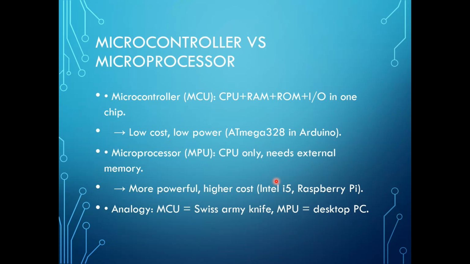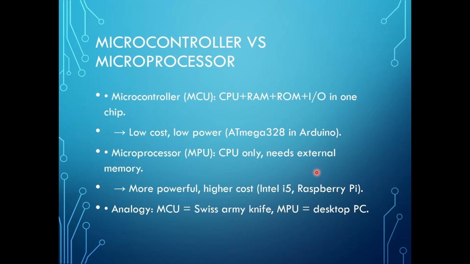So what is the difference between a microcontroller and a microprocessor? A microcontroller is all in one chip that has CPU, RAM, ROM, and input output on a single chip. It is also low cost and low power. For example, the ATmega328 in Arduino is a microcontroller. What is a microprocessor? Microprocessors only have the CPU.